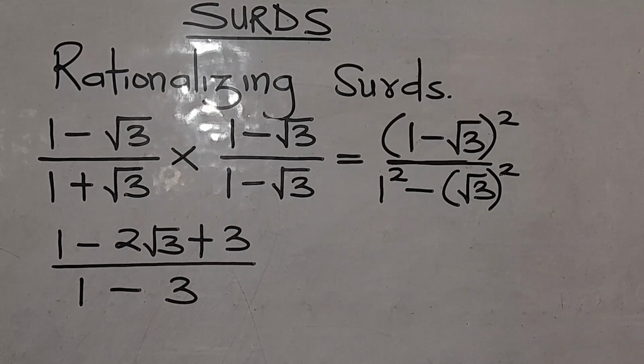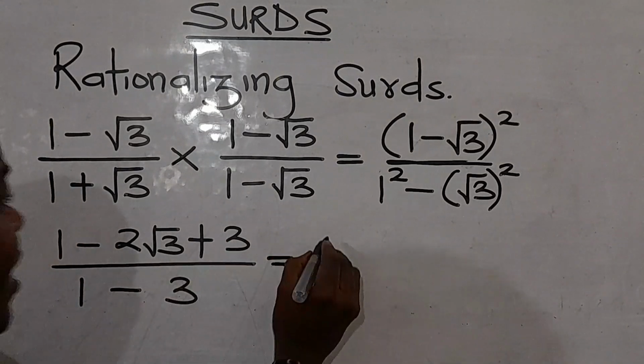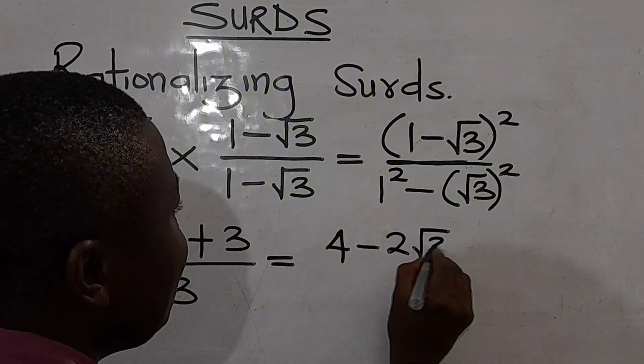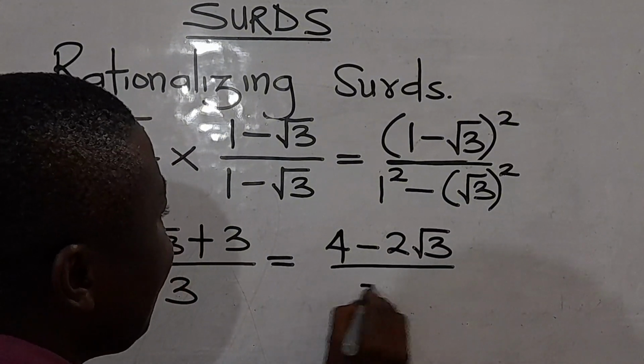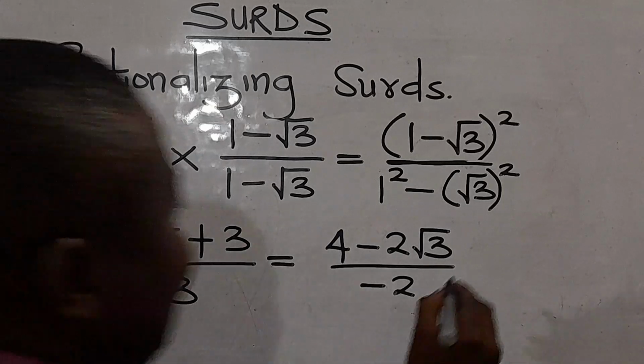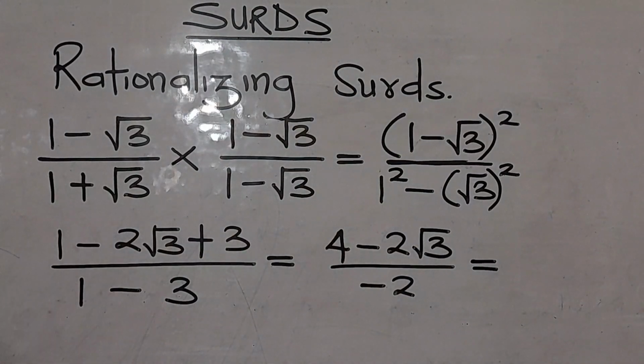Moving up, we now have some rational forms. So we can say this is the same as 1 plus 3 is 4 minus 2 root 3 over minus 2. Very quickly, I will factorize so that I can get it quickly.